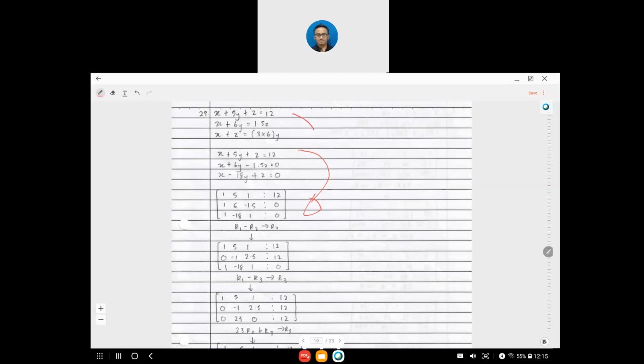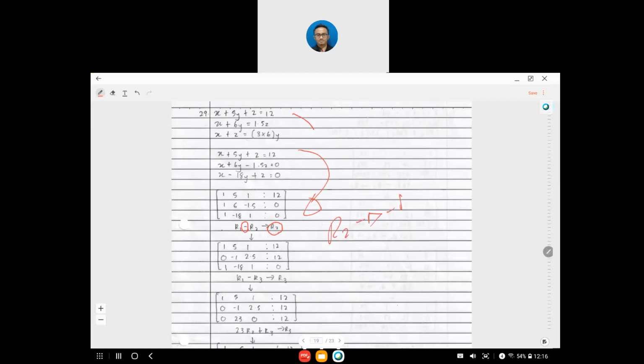Okay, so this one, you want to change row 2. Ni pun sama juga. You want to change row 2, kat sini tak boleh ada negatif, sebab yang awak nak tukar adalah row 2. So when you want to change row 2, dia row 2 mesti positif. So dia akan jadi row 2 macam tu.